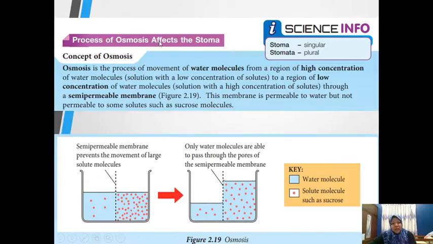So the process of osmosis affect the stoma. Adakah proses osmosis ni akan memberi kesan kepada stoma ni tadi? Apa itu osmosis?